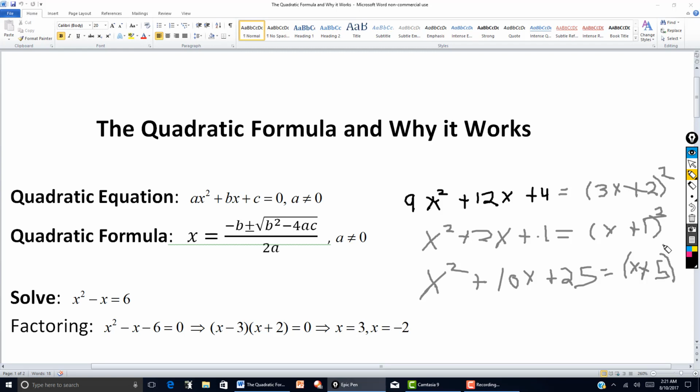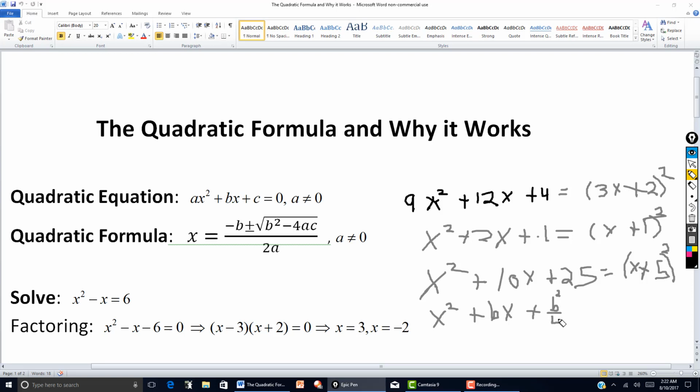Now let me use symbols so I can make my point here. Let's say we write x squared plus bx plus b squared over 4.